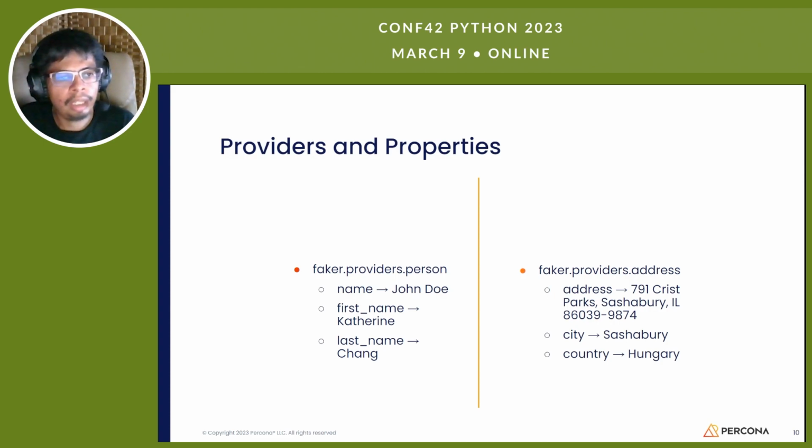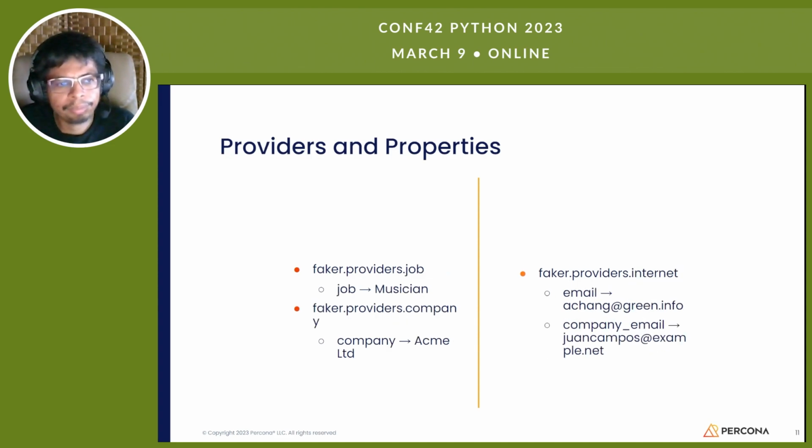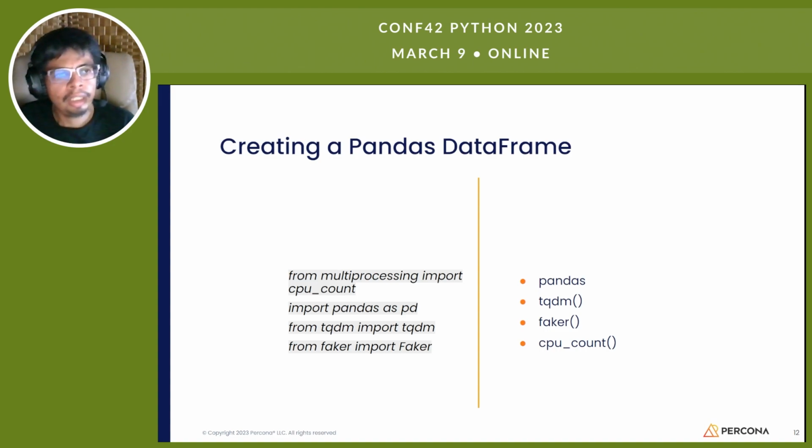This will generate a pair of first name and last name, or we can generate those data separated by calling the first name and last name methods or properties. And we have an address provider that we can use for generating address, city, or country. We have a job provider that can be used for generating job, company, an internet provider that we use for generating email or company email.